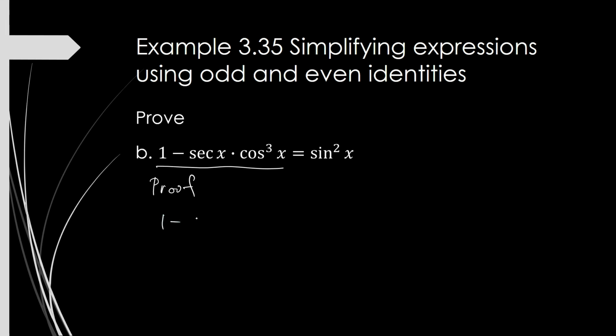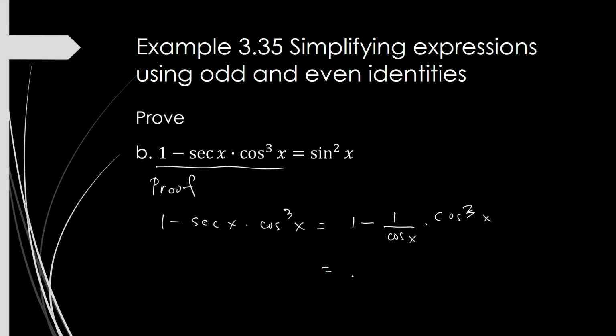So 1 minus secant of x times the cube of cosine of x. You know that secant of x is equal to 1 over cosine of x, and then times the cube of cosine of x.